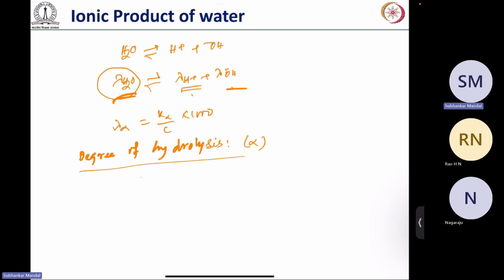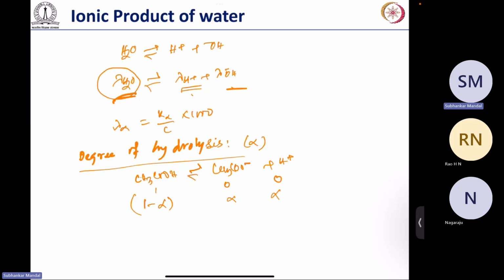So alpha, whatever we have discussed for acetic acid or some weak acid, basically what I have written that time, suppose acetic acid, it will dissociate into CH3COO minus plus H plus. Suppose initially it is 1 and it is not dissociated, and after dissociation, suppose alpha amount of acetic acid is dissociated, then 1 minus alpha is undissociated, so this will be alpha and alpha.